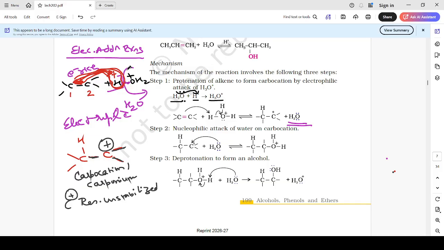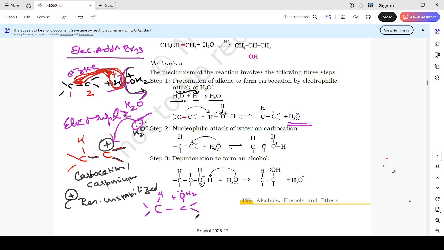Now this water left out from this place is having lone pair of electrons. So what it would do? It would come for an attack. The lone pair is attracted towards this positive charge. Now what will I have? C-C-H, C-O. Since the oxygen lost one of its lone pair, will it have a positive charge?